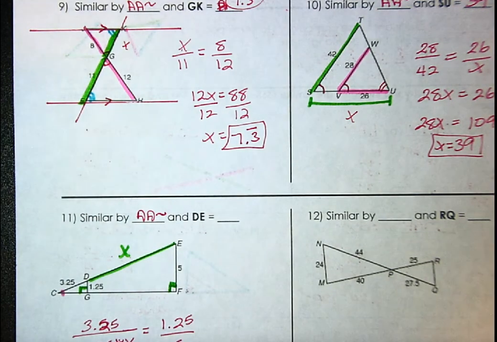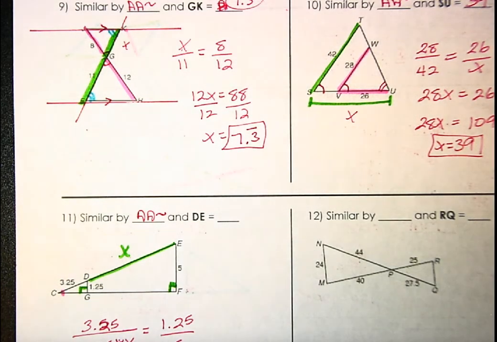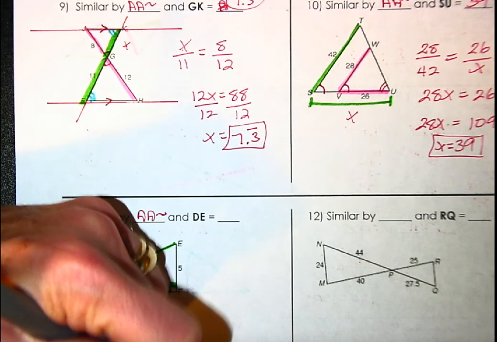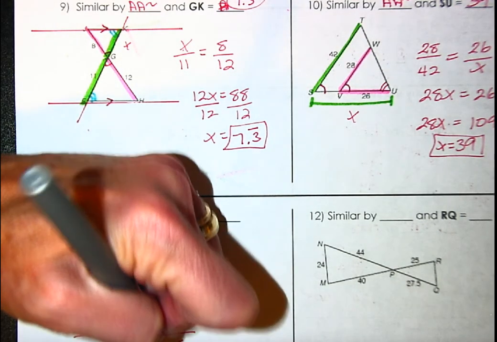And if I cross multiply, I get 3.25 times 5. That comes out to 16.25. That's these two multiplied together.